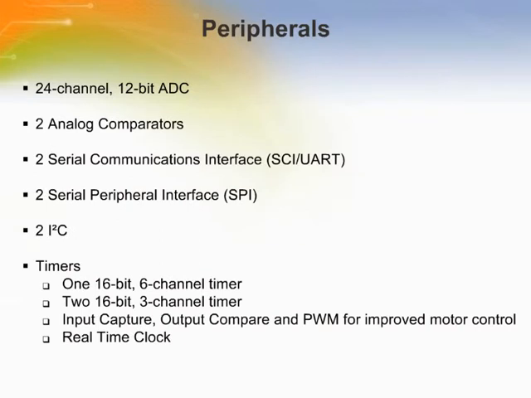The MCF51QE microcontrollers contain a rich set of peripherals, including a 24-channel 12-bit analog-to-digital converter, 2 analog comparators, 2 serial communications interfaces, 2 serial peripheral interfaces, 2 I2Cs, and timers.